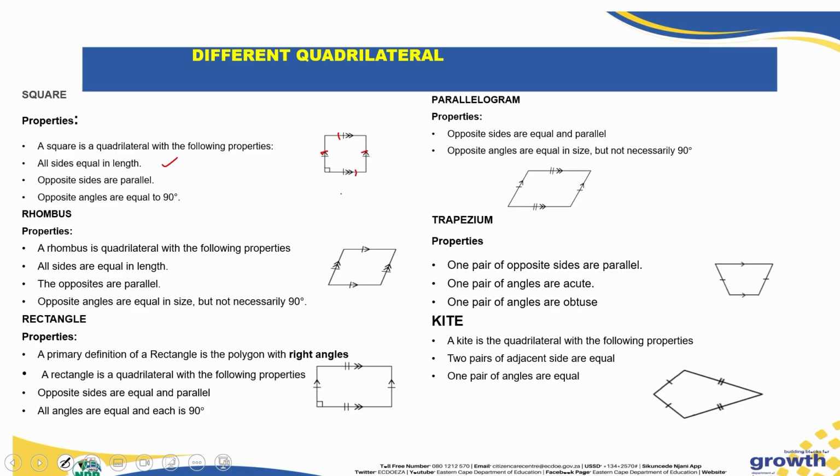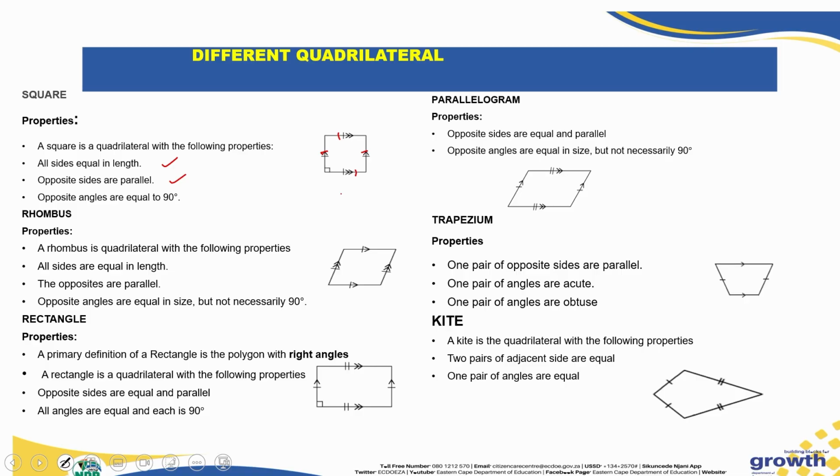Now, what do we mean by parallelism? When do lines become parallel? They become parallel if the distance between the 2 lines is the same throughout. Therefore, the opposite sides of a square are parallel to each other.